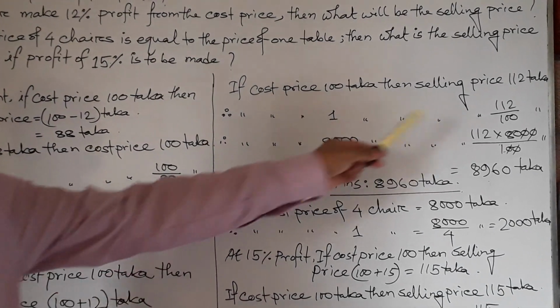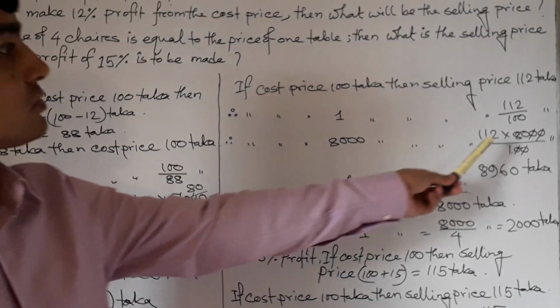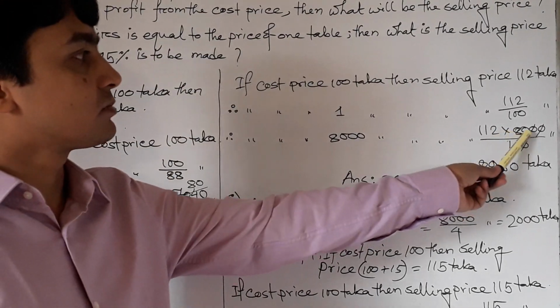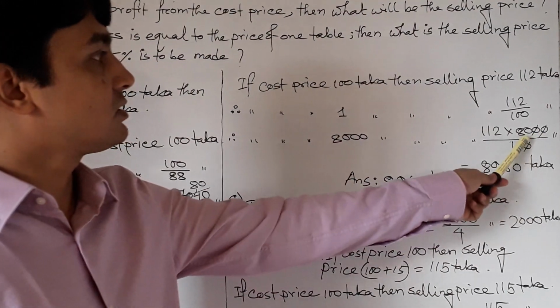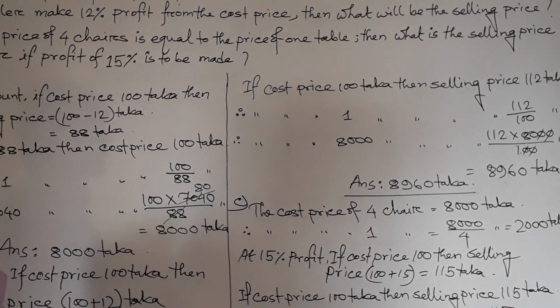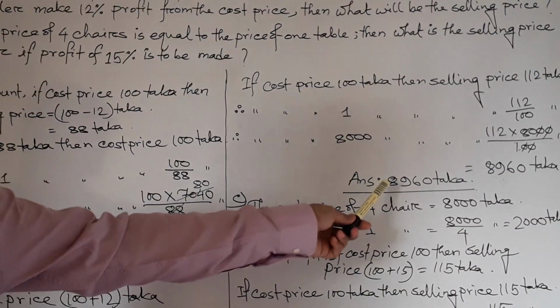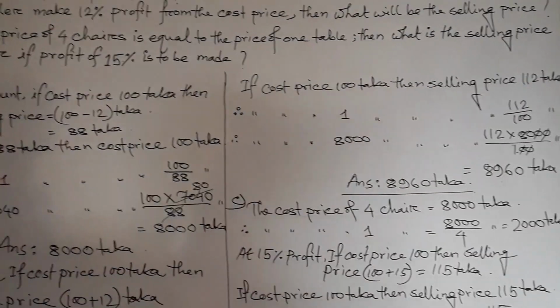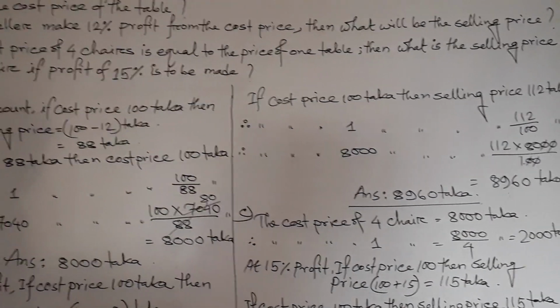Now for 1 taka, 112 by 100. Now for 8,000 taka, 112 multiplied by 8,000 divided by 100. Now we cut the two zeros. Then 80 multiplied by 112, so 8,960 taka. So 8,960 taka is the selling price when the seller makes 12% profit.